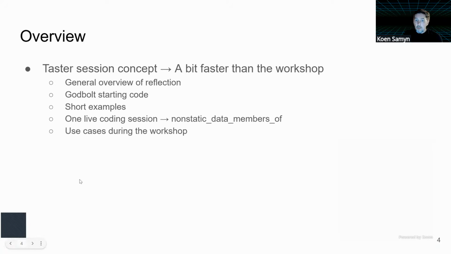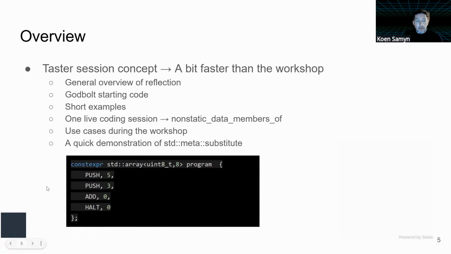So, a couple of short examples of what reflection can do. I will try to do a bit of live coding, which we will also do during the workshop, but in more bite-sized chunks. And I'll also discuss what use cases we will cover during the workshop. And also a very powerful new functionality in C++26 reflection is std::meta::substitute.